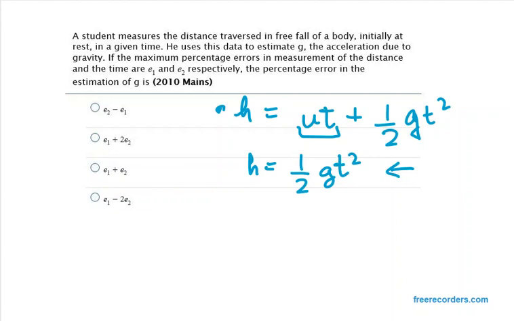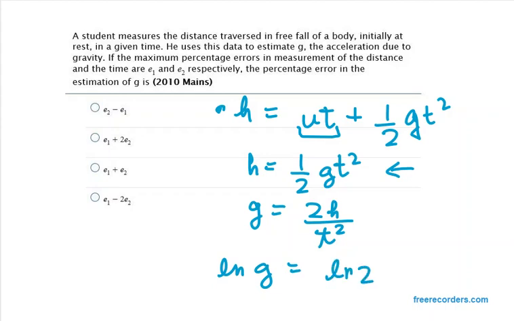So I will use cross multiplication to make this equation in terms of g. So g is 2h over t square. Now as the question is of errors, we need to take the natural log on both sides. So it will be ln g equal to ln 2 plus ln h minus 2 ln t.